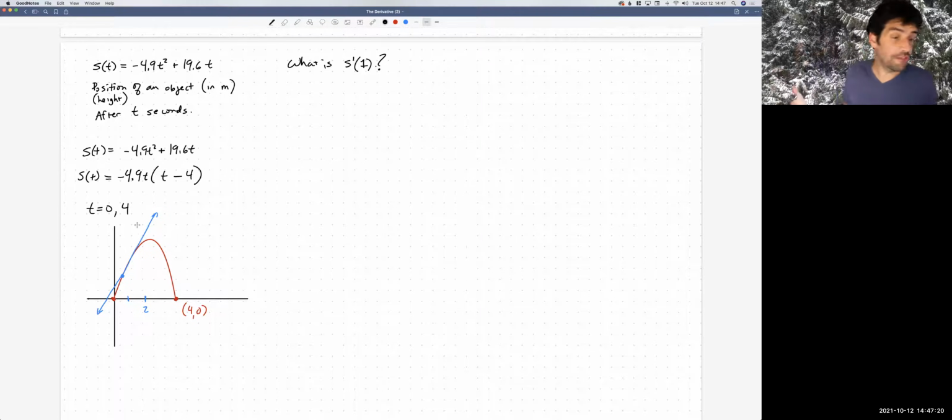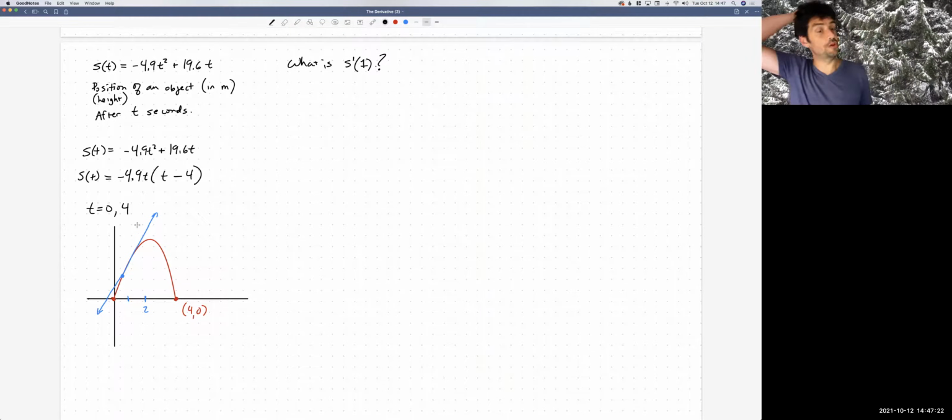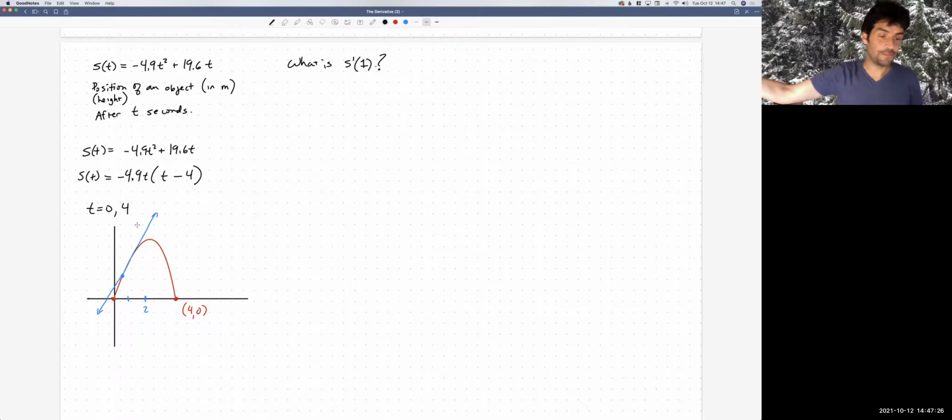So based on our graph, it's always good to have some notion in our head about what kind of answer we should get. My picture is sloppy enough that I wouldn't hope to try to guess how steep that is, right? Because I haven't done a very careful scale. I didn't check to see how high that vertex was. There's no indication, right? The true graph could be much, much taller, or it could be much shorter, right?